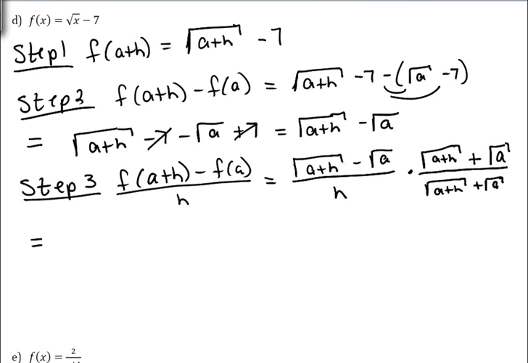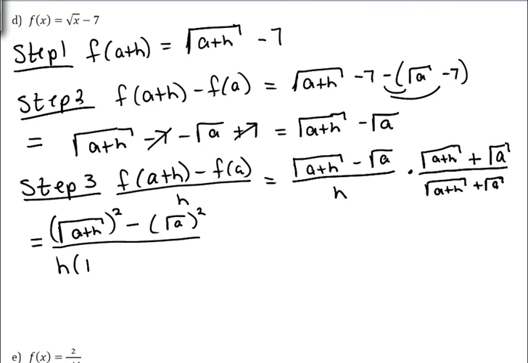So if we use our formula, when we multiply the numerators, we're going to square the square root of a plus h. Always a minus sign in the middle, and then square the square root of a. This is all over h times the quantity square root of a plus h plus the square root of a.